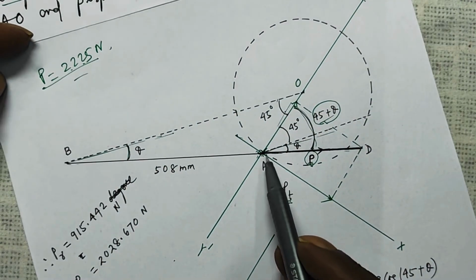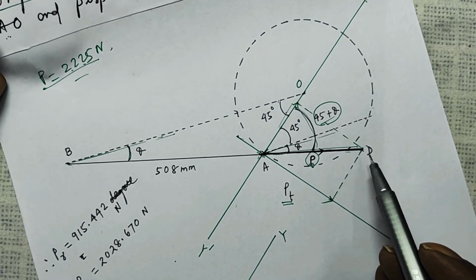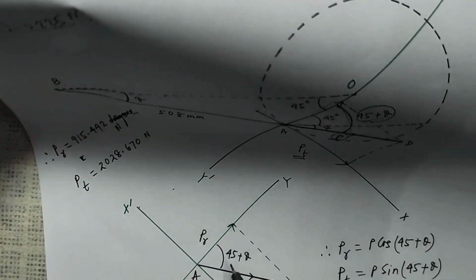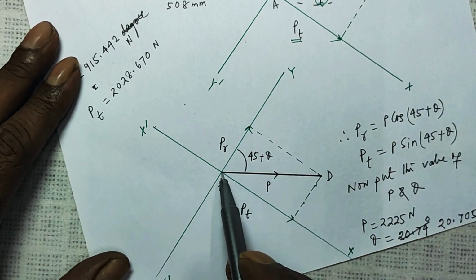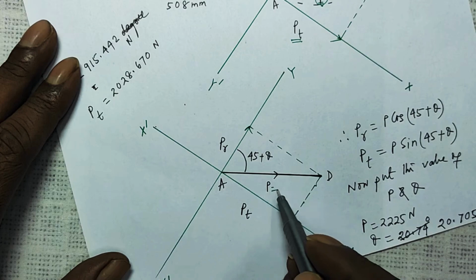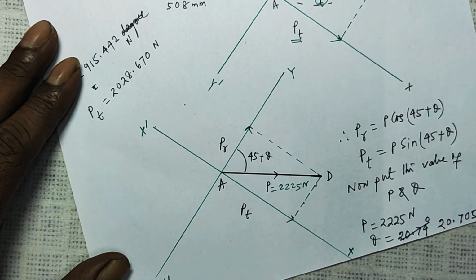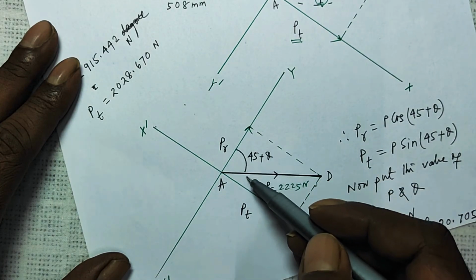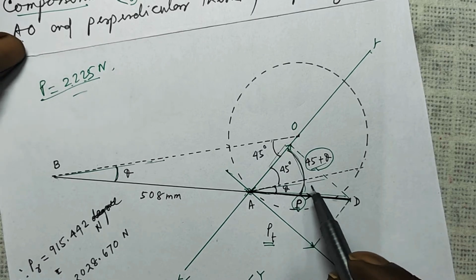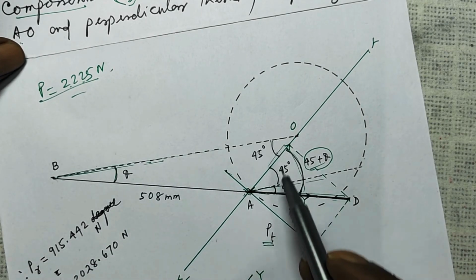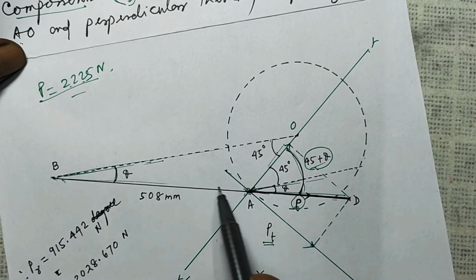This is your P force, 225 Newton as given in the book, and this angle is 45 plus theta, which I explained because this dotted line and this dotted line are parallel and this is the transversal.